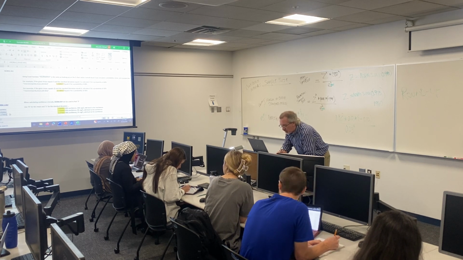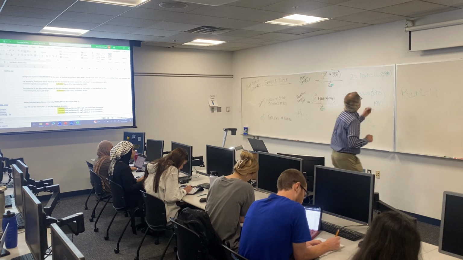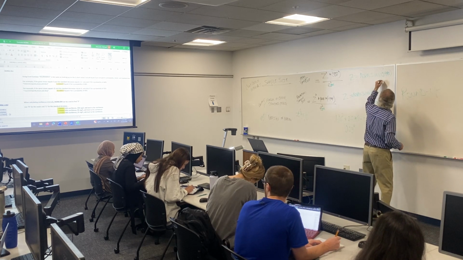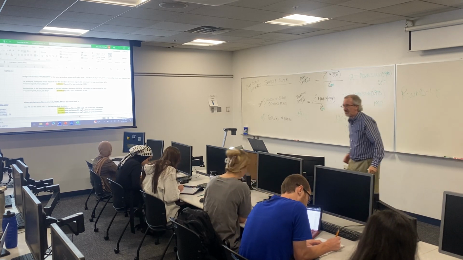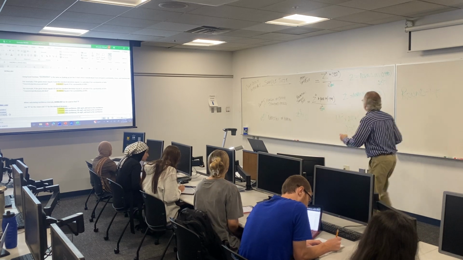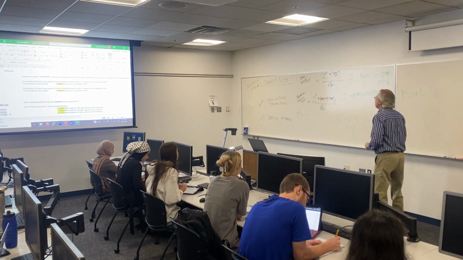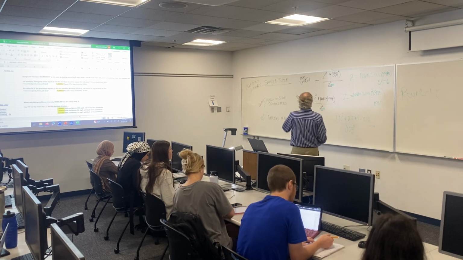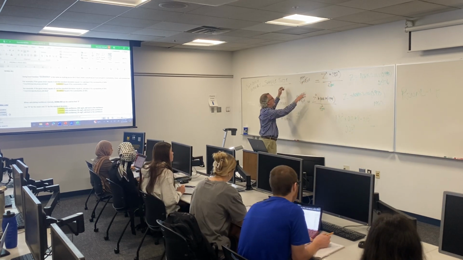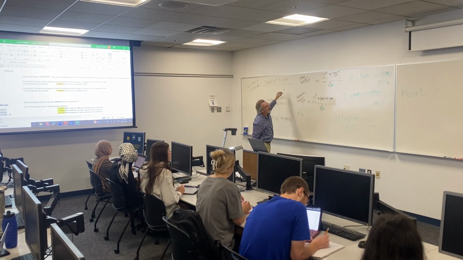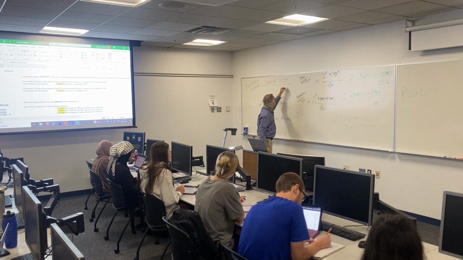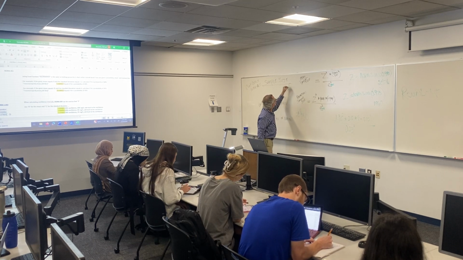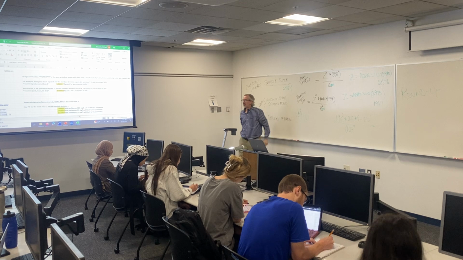What should it be? 2.57 what? 2.57. What's the next digit? 6 it is, because there's an 8 after that. Very good. 2.576. So now we're going to set it up using this top formula. 2.576 squared times, what's standard deviation?